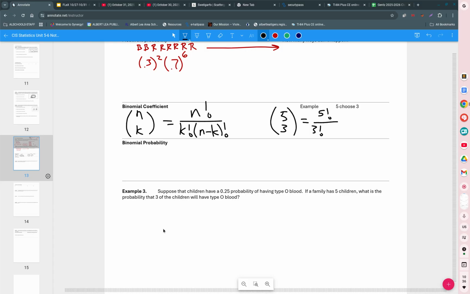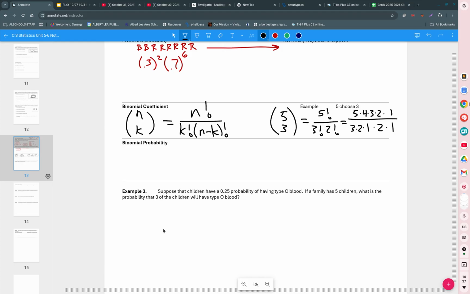So I put 2 factorial. So in the top, we have 5 times 4 times 3 times 2 times 1. And in the bottom, you have 3 times 2 times 1 times 2 times 1.